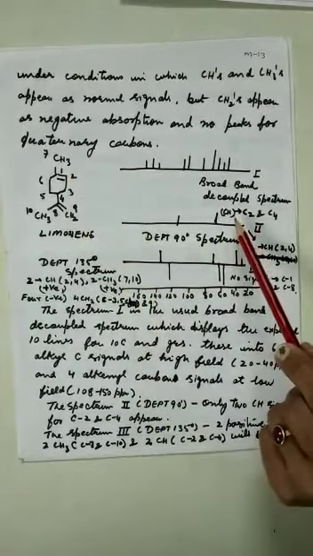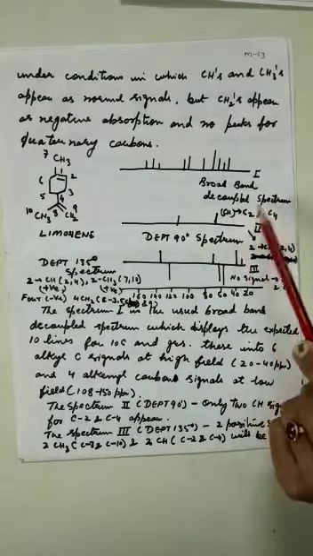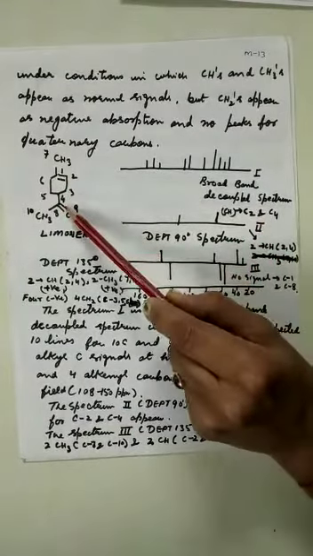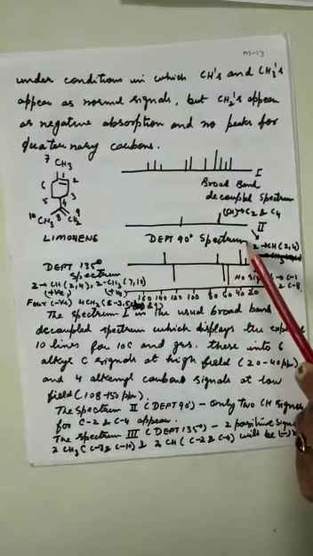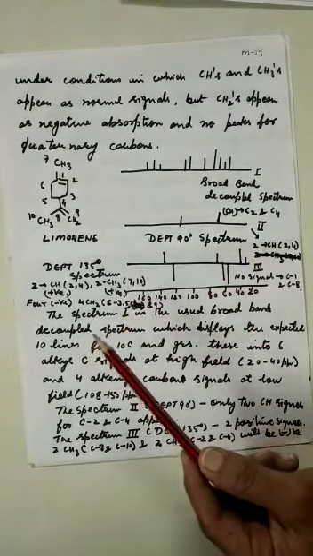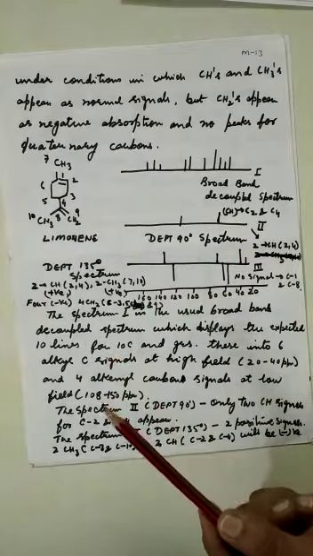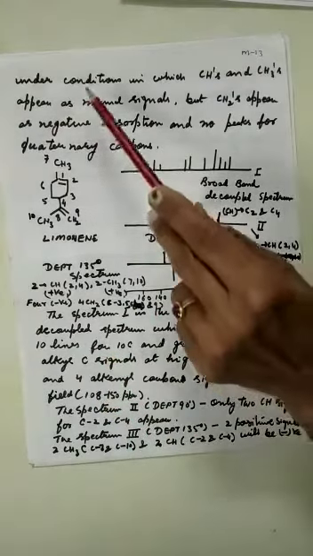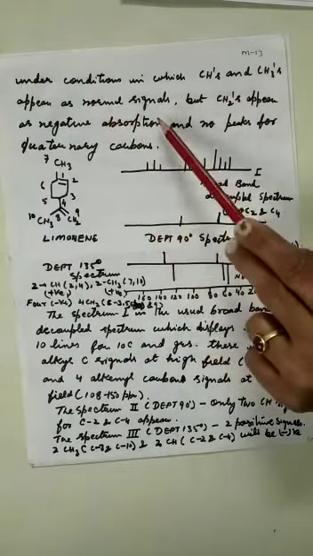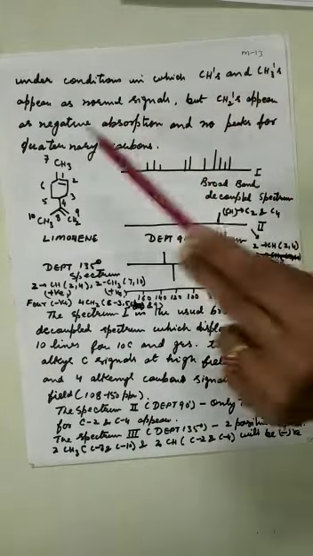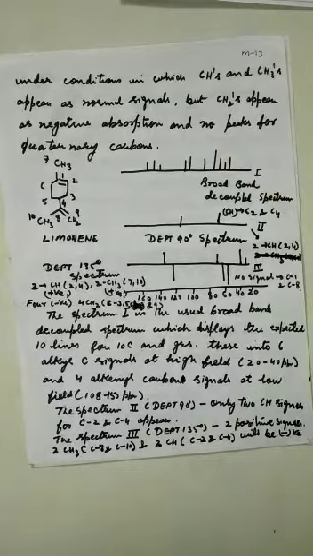So you will have two signals, the two CH, that is C2 and C4, observed when the DEPT 90 degree spectrum is recorded. The third category we told you about is the DEPT 135 degree, in which CH and CH3 appear as normal signals, but CH2 appears as a negative absorption.